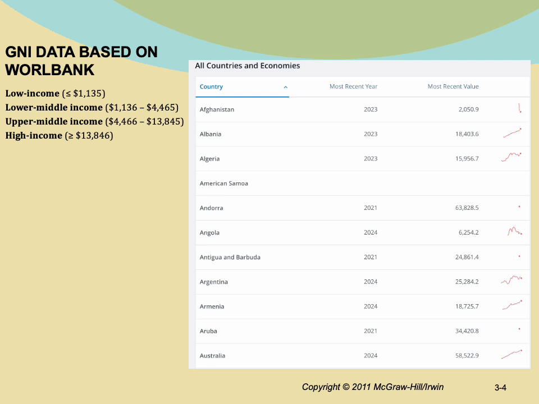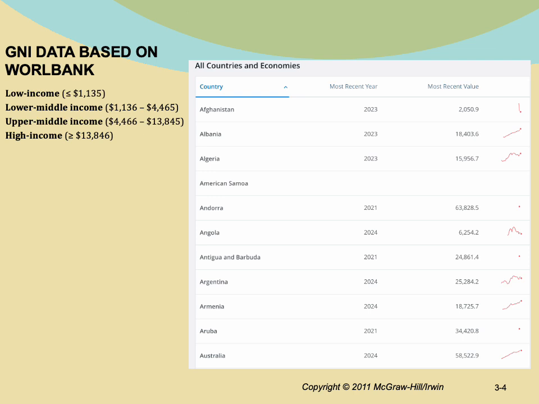The World Bank categorizes countries into 4 income groups. Low-income economies with a GNI per capita of 1,135 US dollars or less, and then lower middle income economies ranging from 1,136 to 4,465, upper middle income economies from 4,466 to 13,845, and high income economies with 13,846 or more.